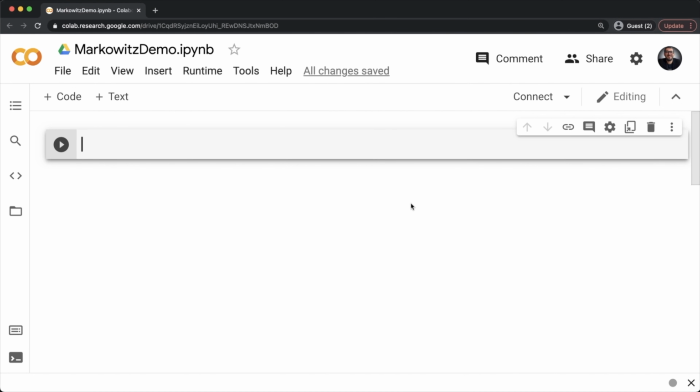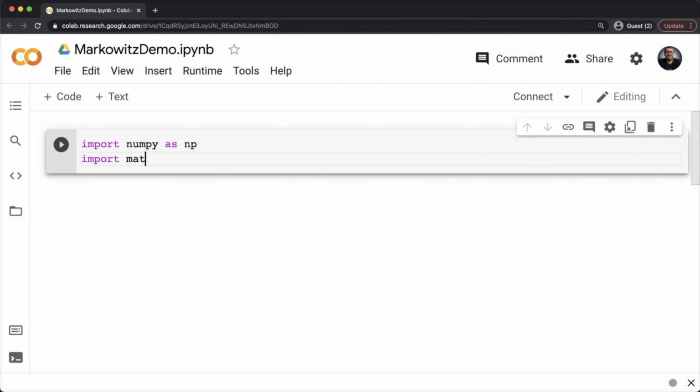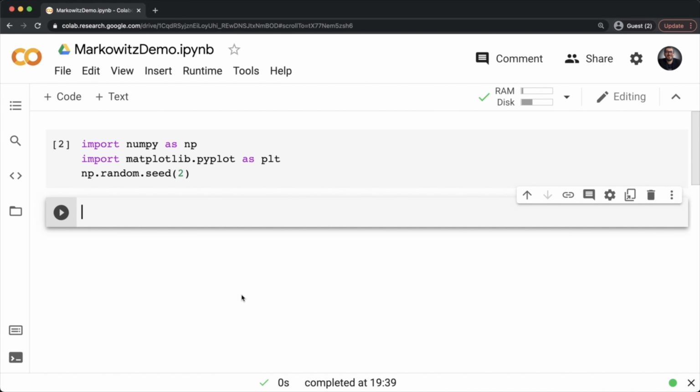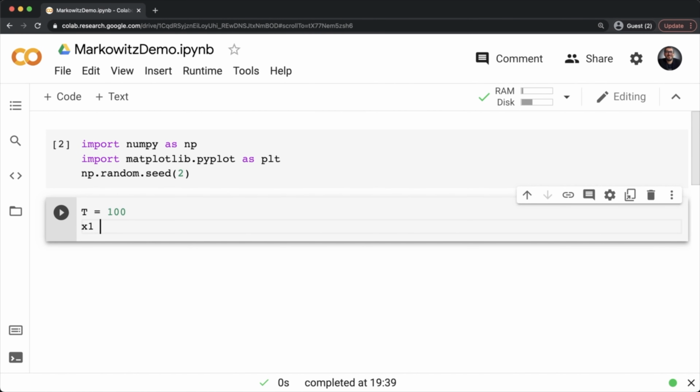First I'm going to import some packages such as NumPy and matplotlib's pyplot, and for the sake of presentation I'm going to set a random seed to 2, and we're going to create along the way some fictitious stocks. So let's say I'm observing a 100-day window and I've got two stocks.